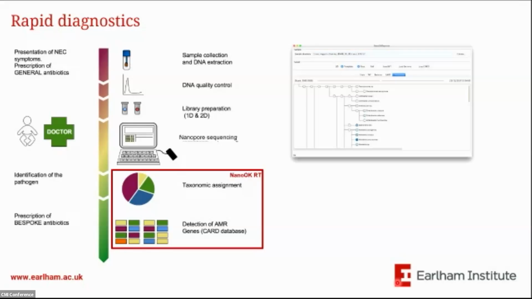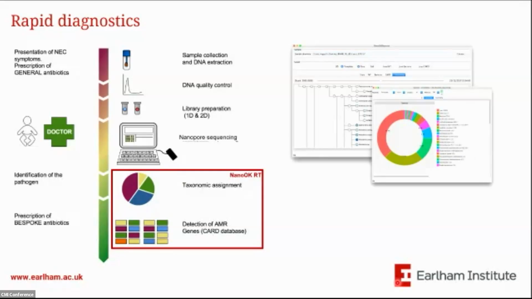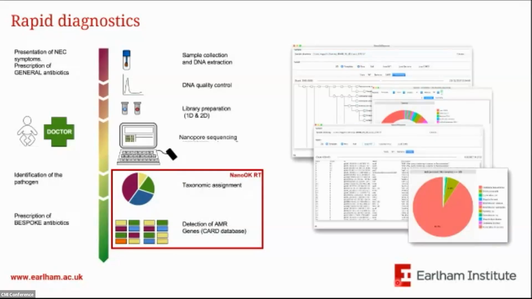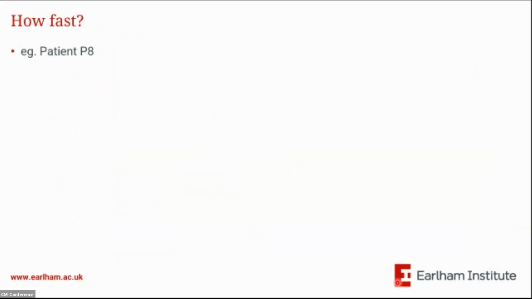NanookRT would analyze the sample as sequencing was happening. You get readouts like you can see here, with a taxonomic view or a donut summary. There'd be analysis of the top AMR genes. And it also did something we called walking out, where it attempted to look either side of the AMR genes to identify the enclosing host bacteria, and then give you readouts on that.